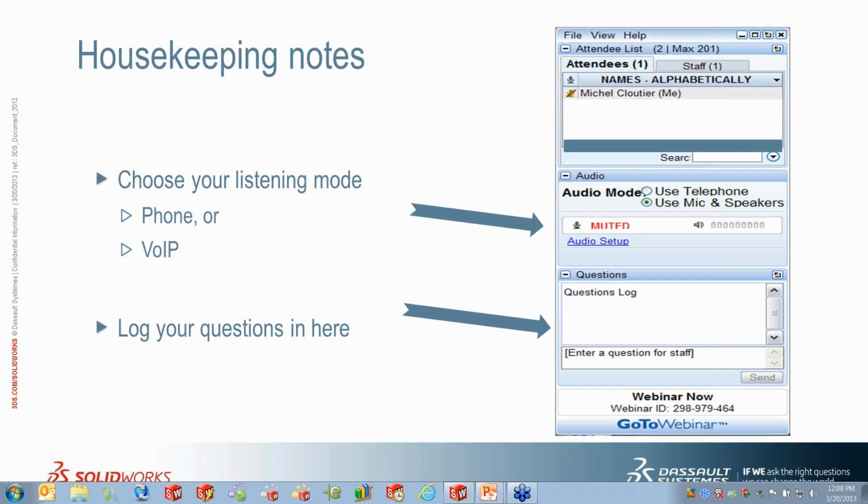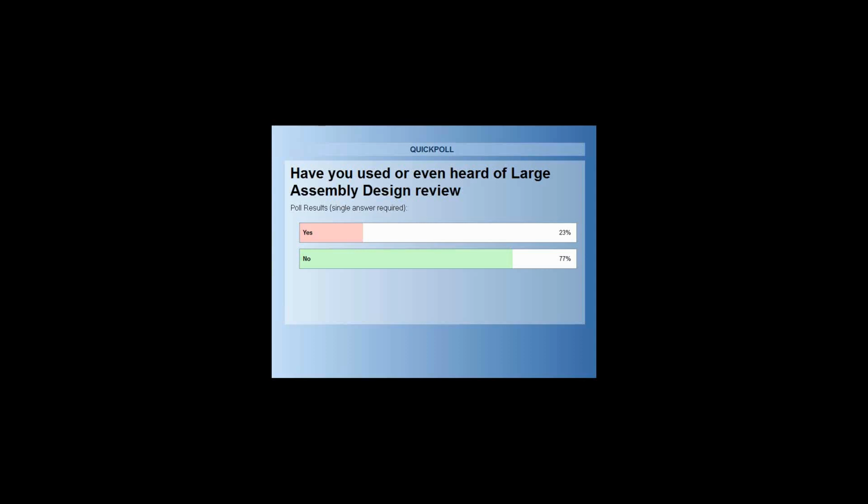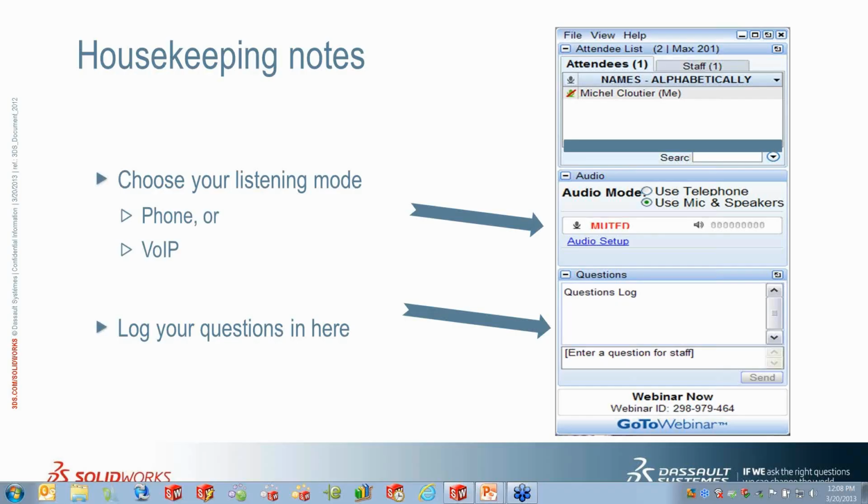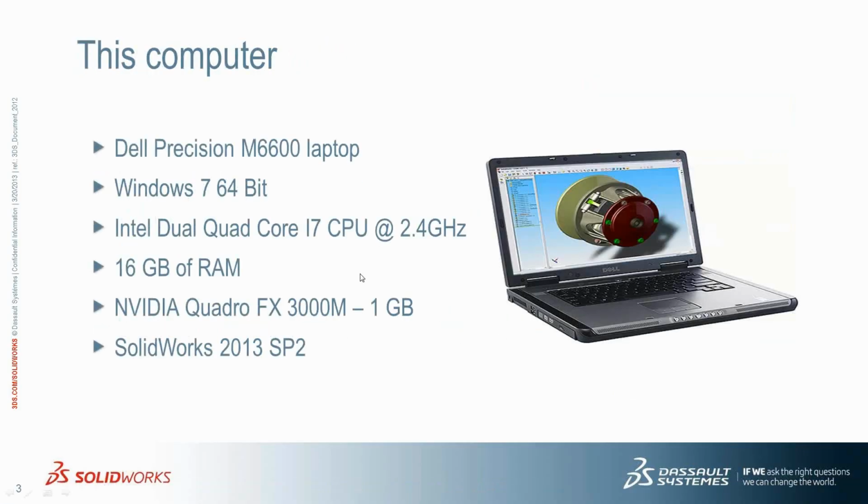And unfortunately, SolidWorks didn't really put it in a spot that it's easily aware and easily usable. It isn't right in front of your face, so we'll talk a little bit about that. As you can see, a majority of you have not seen or heard of that tool, so we will cover that as well. So let's go ahead with the presentation.